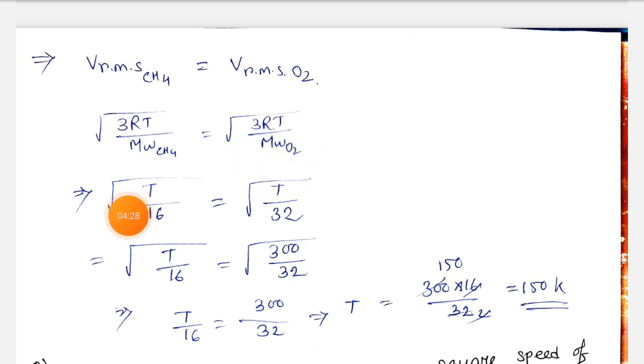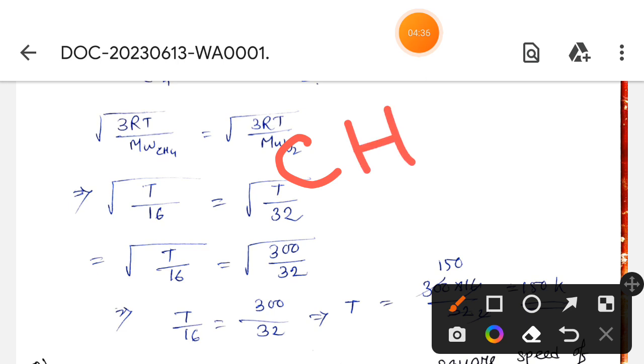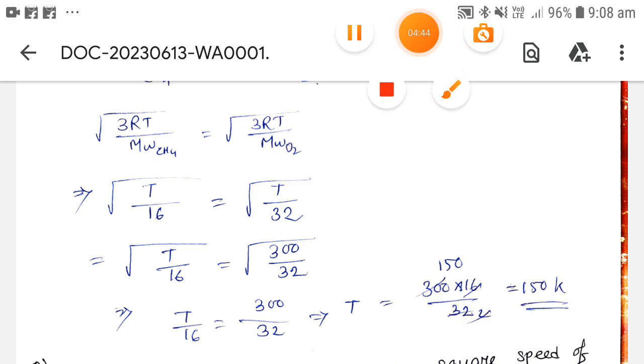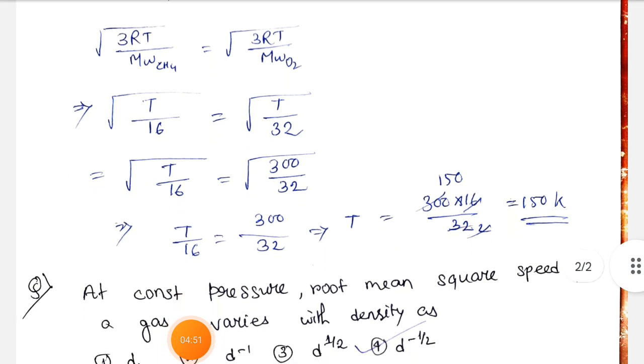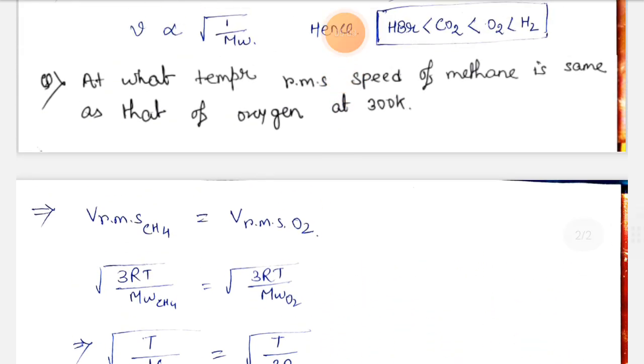The molecular weight of CH4 is 12 for carbon plus 4 for hydrogen, so 16. For O2 it is 32. So root over T by 16 is equal to root over 300 by 32, and if we solve this, then T is equal to 150 Kelvin. So at 150 Kelvin, CH4 gas and oxygen gas will have the same V RMS.